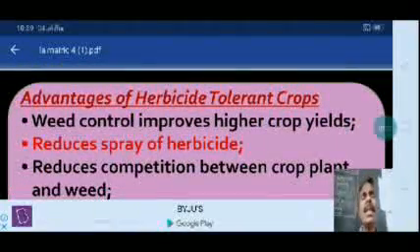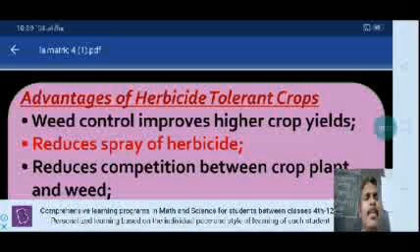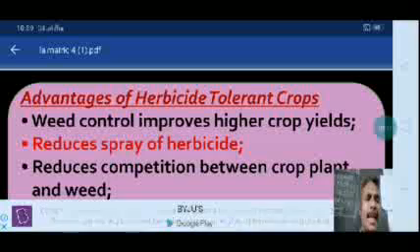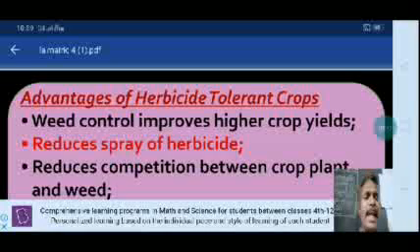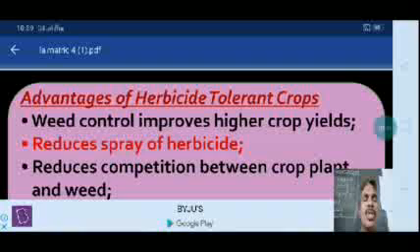What are the advantages of herbicide tolerant crops? Weed control improves and gives higher crop yields. It reduces the spraying of herbicides. It reduces competition between crop plant and weed.